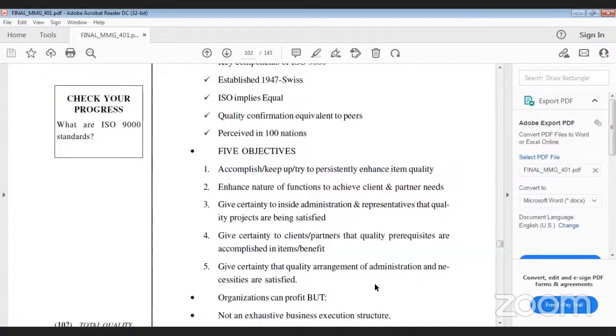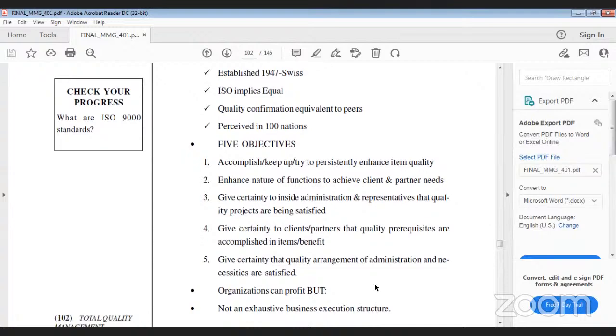Fourth is to give certainty to client partners that quality prerequisites are accomplished in benefits. And fifth objective is to give certainty that quality, arrangement, administration, and necessities are satisfied.